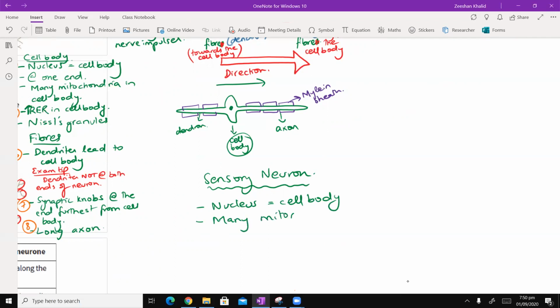I'm rewriting that since this is important, आप मेरे साथ लिख लें: many mitochondria, and then again many rough endoplasmic reticulum, again for the same reason that they have to manufacture many proteins. या फिर आप many ribosomes भी लिख सकते हैं, that should also do. All right, and so all of this is within the cell body. Now, again, they have the Schwann cells, the myelin sheath.